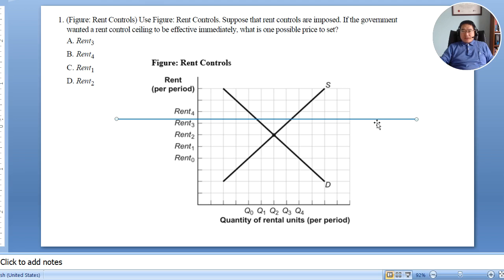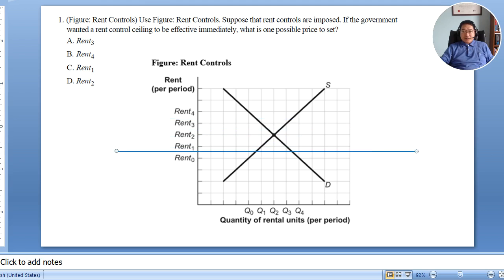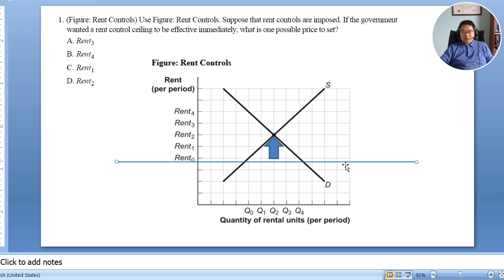Only when this ceiling is below the equilibrium price, then there is a market force that will have a tendency to drive up the market price to the equilibrium price. So let's set this one lower, and the market tends to drive the price up.